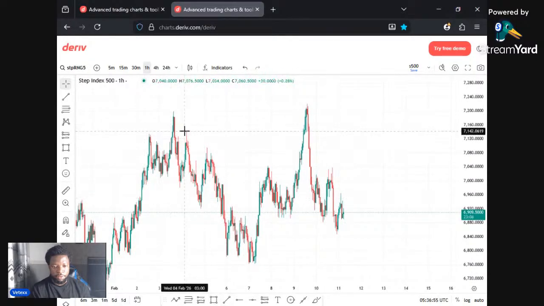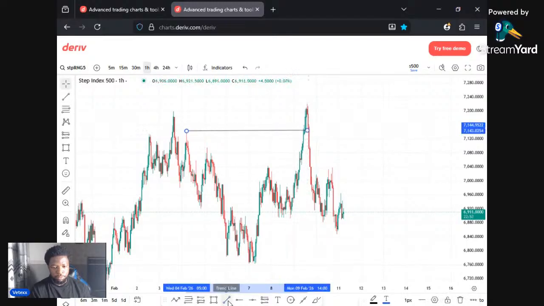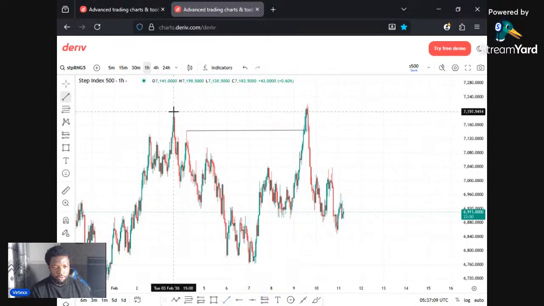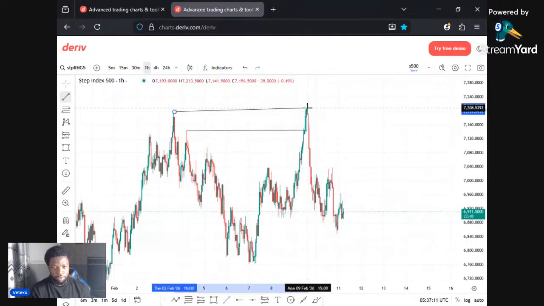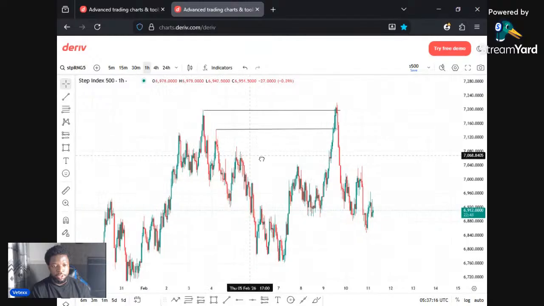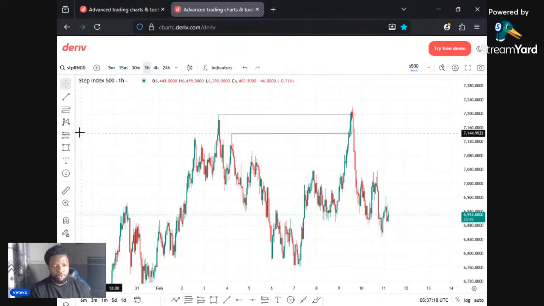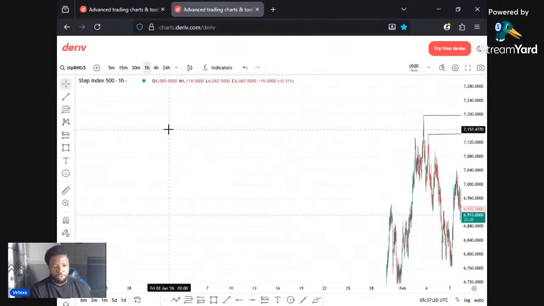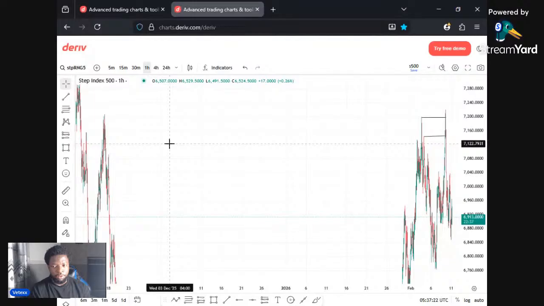So price gave us this. Price gave us this. It wiggled us out a little bit. There was a sweep of liquidity from this angle.